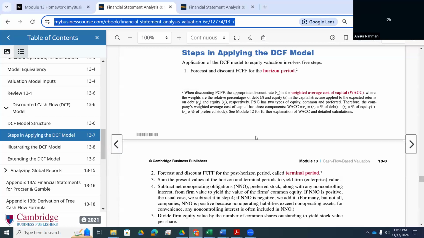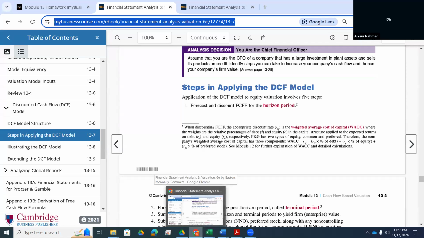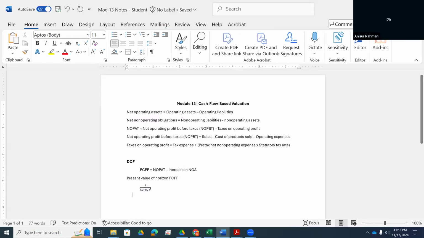This formula is explained to you: RW is the weighted average cost of capital, or WACC, which is one kind of discount rate.